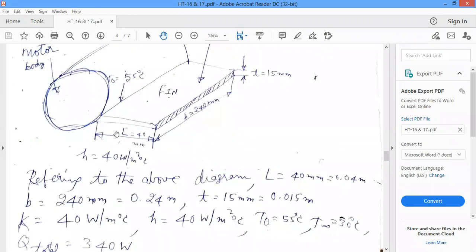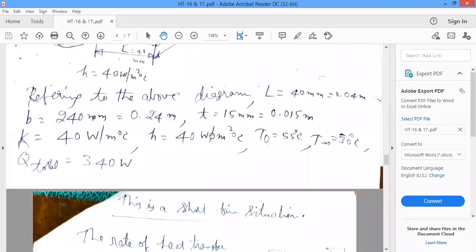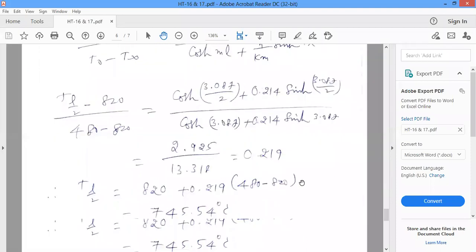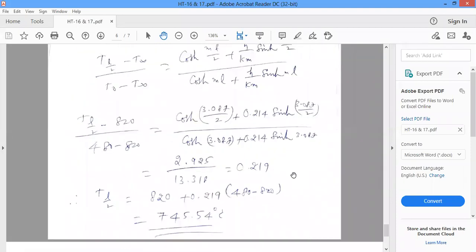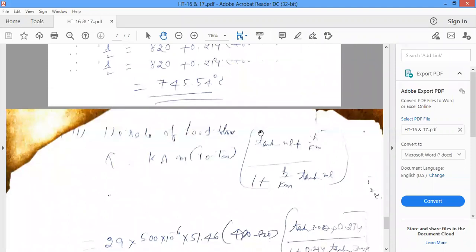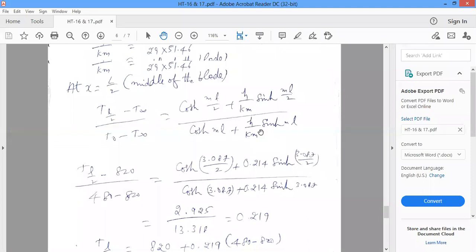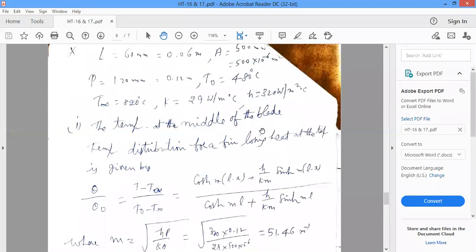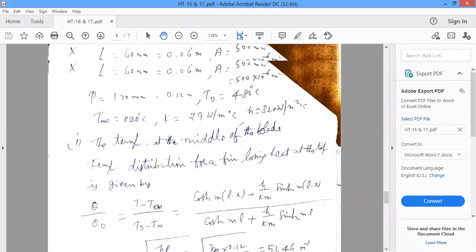Length given is 60 mm, and he has given directly the cross sectional area 500 mm square, and the perimeter 120 mm.